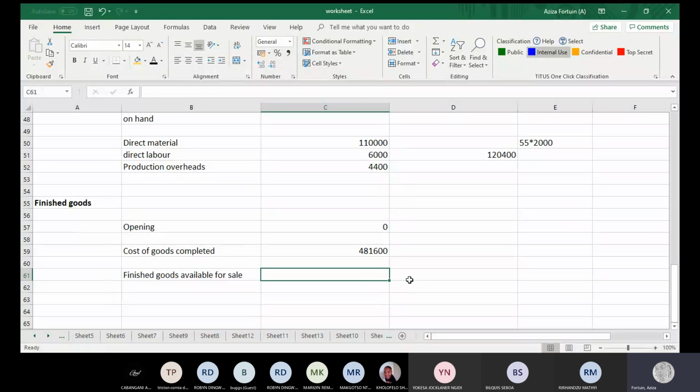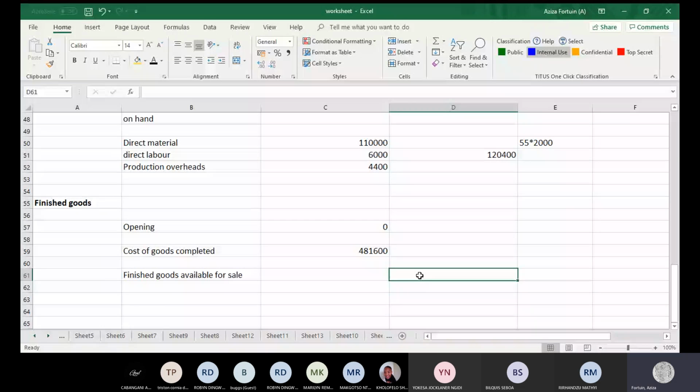Okay, how many, the page number, what page are we actually on? We are on page 245. Page 245, question 3, 3.3.